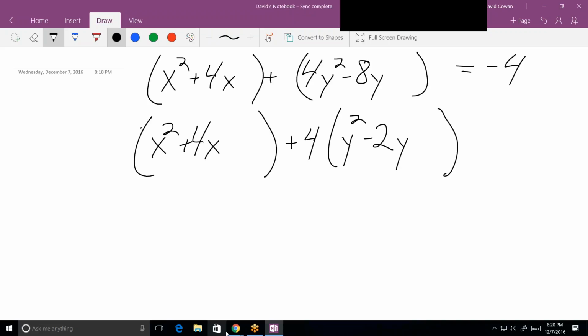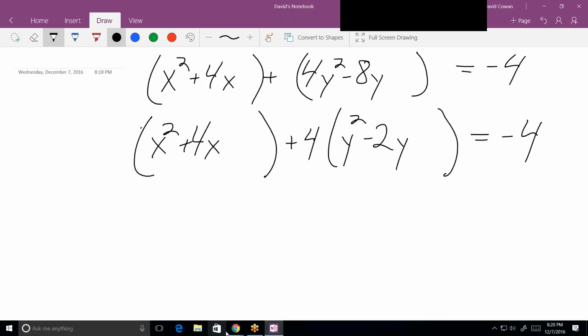Remember the secret to always not change the equation: every time you go from one row to another, check to make sure you haven't changed it. It's not that hard to check. I can see that's exactly the same. But over here, I got to distribute that 4 back to make sure I get 4y squared minus 8y.